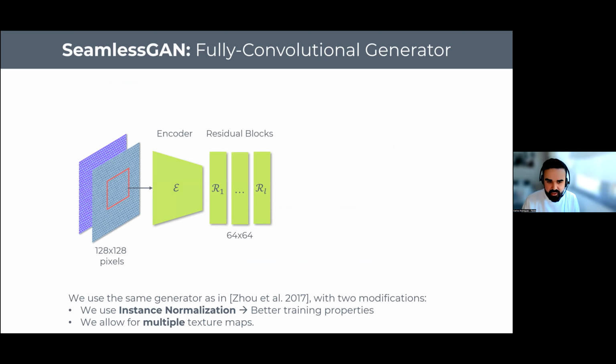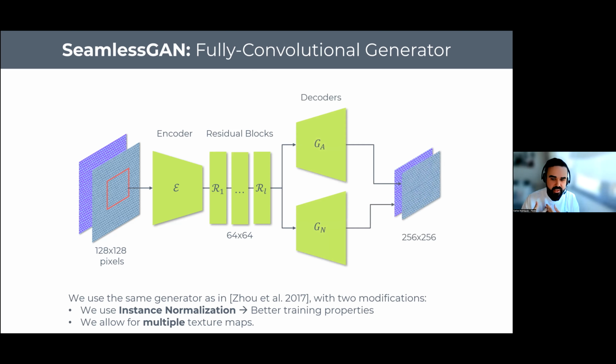And we have one decoder for each map in the texture stack. In this case, we have one for the albedo and one for the normal map. This generates an output image which doubles the resolution of the input. That is what we call adversarial expansion. And this is what makes our method self-supervised, because the input and the target are part of the same image.